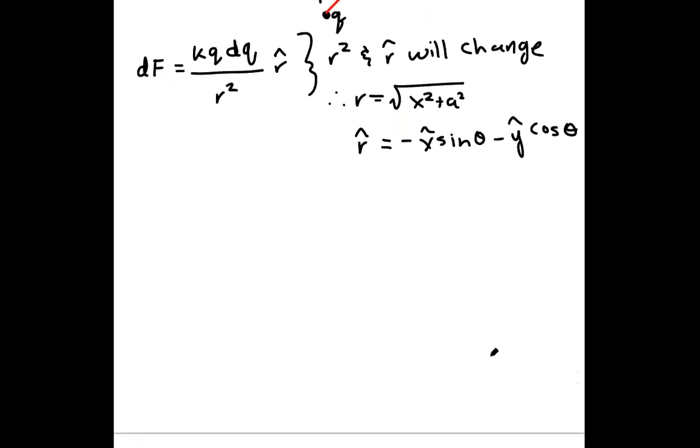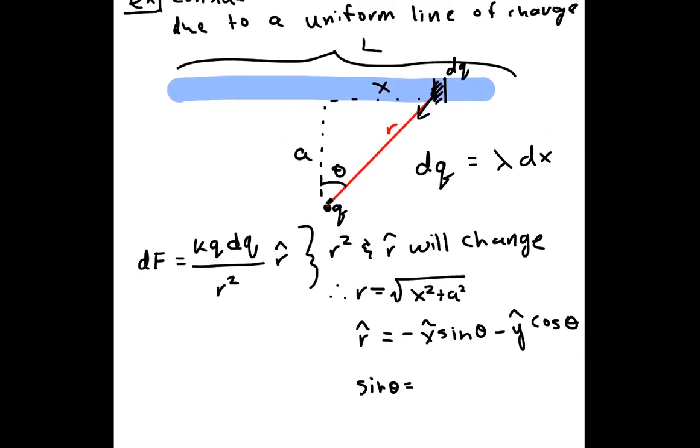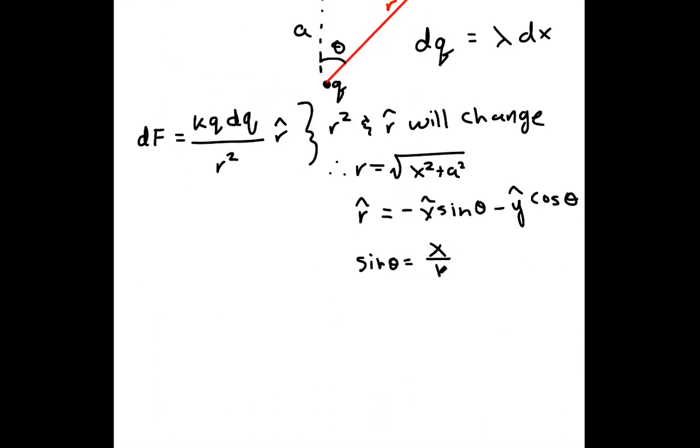And so we know that sine theta is just equal to opposite over hypotenuse, x over r. And that's equal to x over the square root of x squared plus a squared.